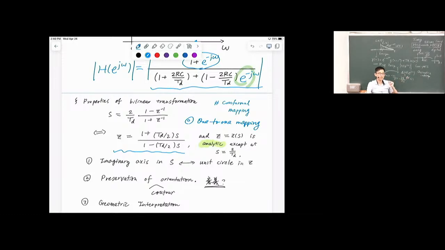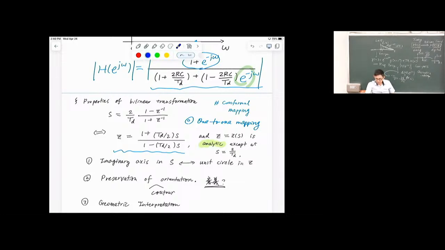If s as a function of z is that, then z can be written as a function of s. You can derive that; it's just detail. And z as a function of s is now a mapping from s to z.